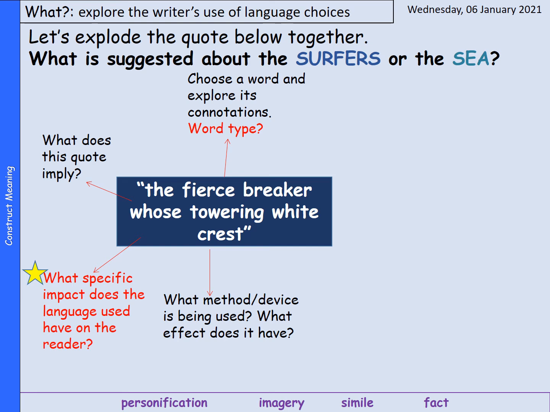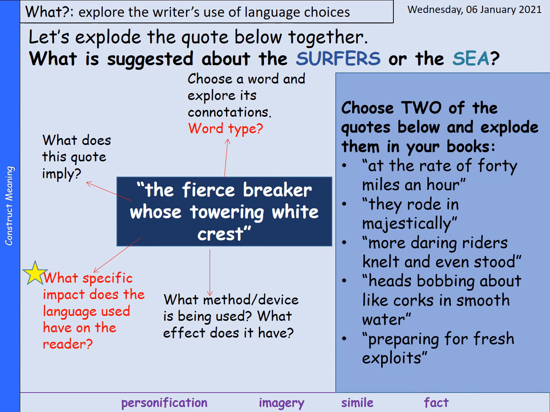I want you to do this for 2 quotes on your own, so you can choose 2 of the quotes below and explode them just like we've done. So think about the connotations, what are the implications of it, what is the impact on the reader is very important, because that's what you're going to be doing in your P paragraph, and any methods or devices you can find in that quote.